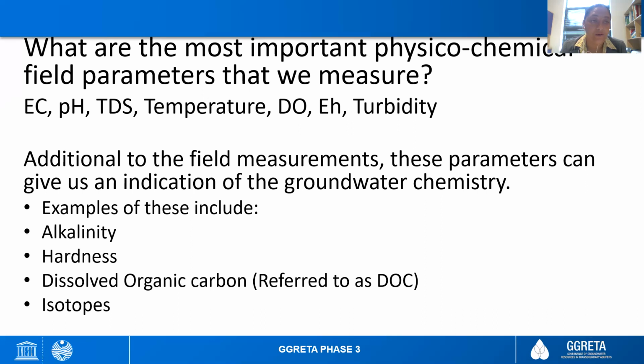They can also give you an indication of fresh recharge. So this would really be your first indication of what's happening. You can add to that alkalinity, hardness, dissolved organic carbon, and isotopes, and these relate to other processes that can help you understand what's happening.